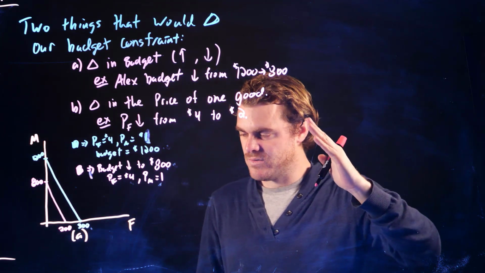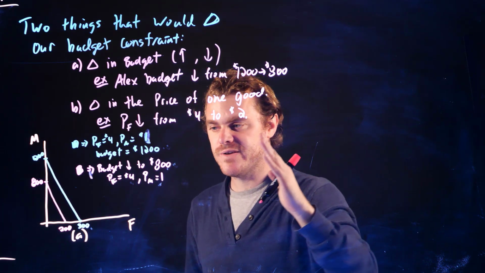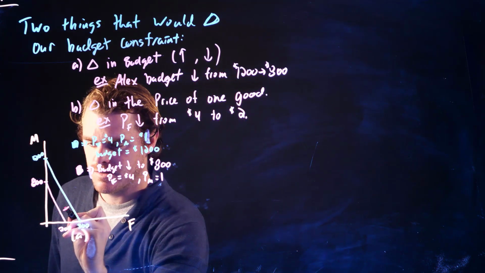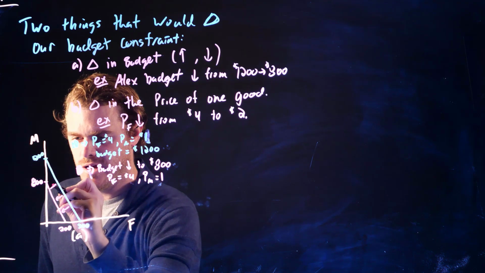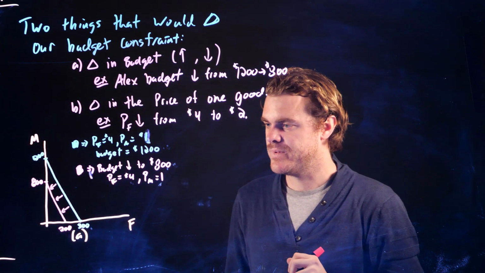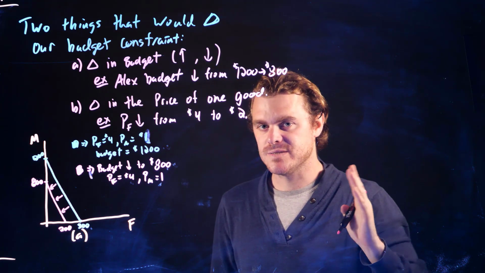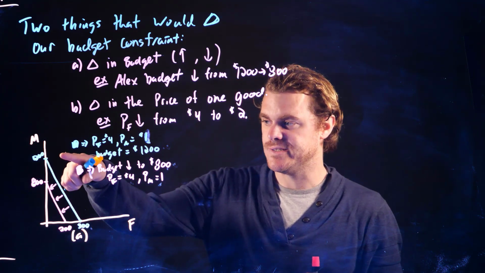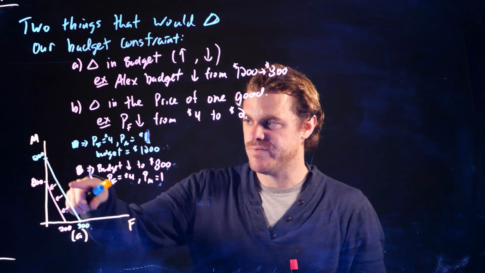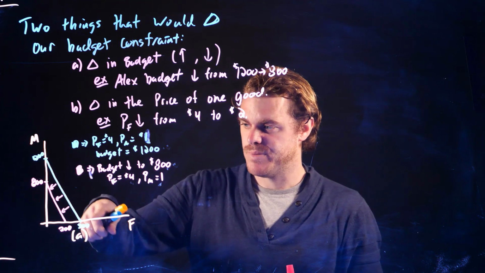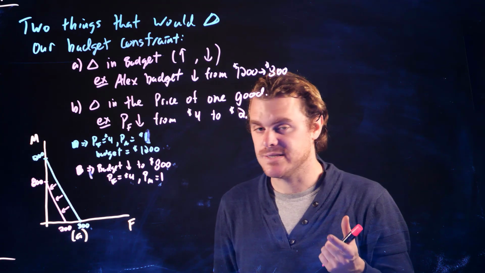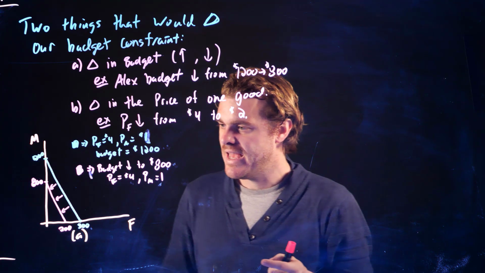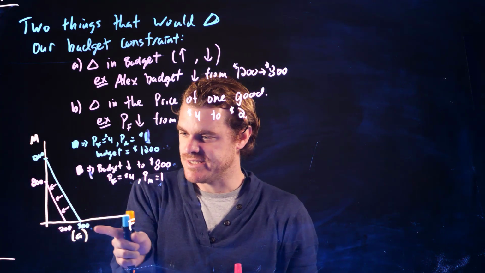So notice that what's happening is this parallel shift of our budget constraint here. So the slope of this budget constraint isn't changing because the prices are remaining constant. And the slope of this budget constraint has to do with the prices. But what is changing is the intercept.